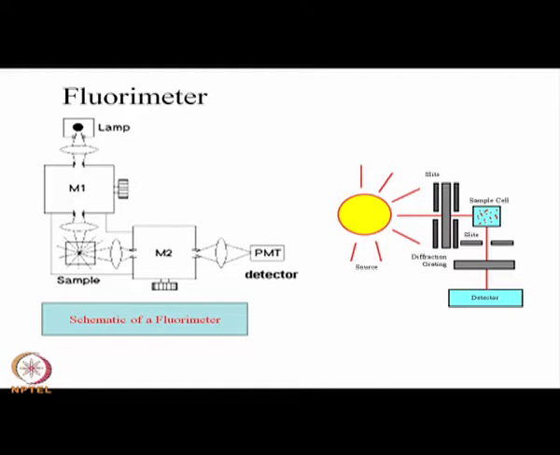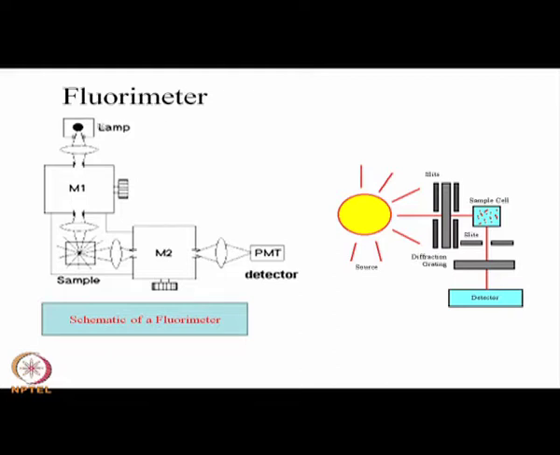Now, the basic difference between an absorption spectrophotometer and an emission spectrometer is that in case of absorption, you have a light, you pass it through the sample and then you measure the transmitted light. But here you have to use the light as an excitation source. That means you have to excite the molecule, then whatever light is coming out of that excited molecule, that light you have to analyze. Okay.